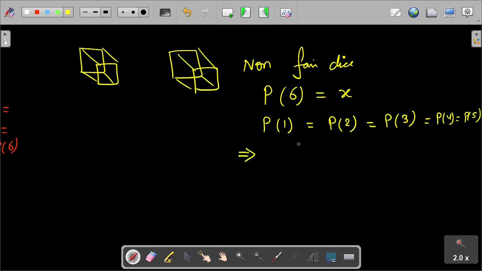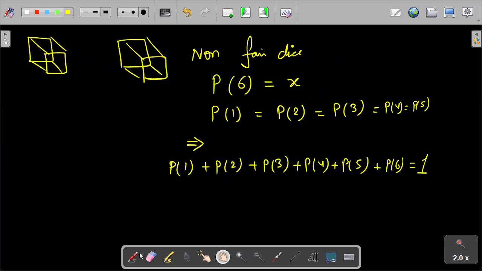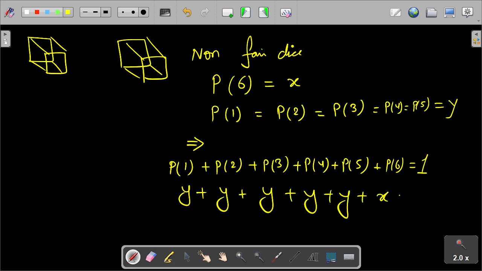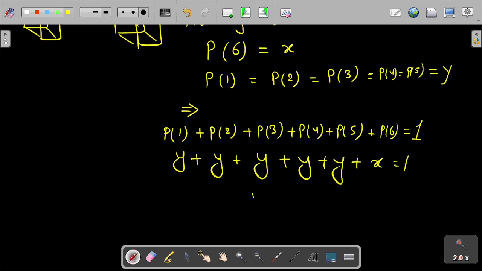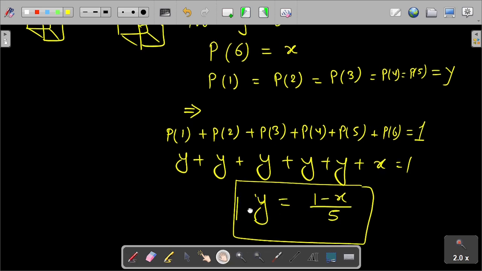The sum of all probabilities should be equal to 1, so the probability of 1 plus 2 plus 3 plus 4 plus 5 plus 6 should be equal to 1. Let each probability be y. So y plus y plus y plus y plus y plus x is equal to 1, and y is equal to (1 minus x) upon 5. This is the probability of getting 1, 2, 3, 4 and 5.